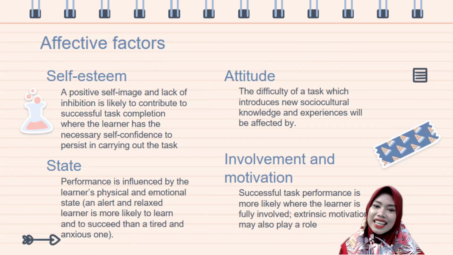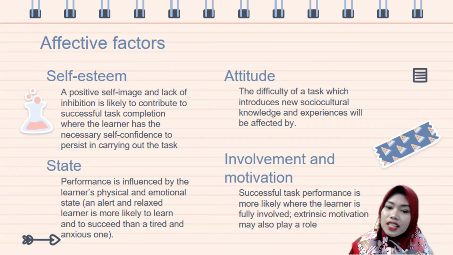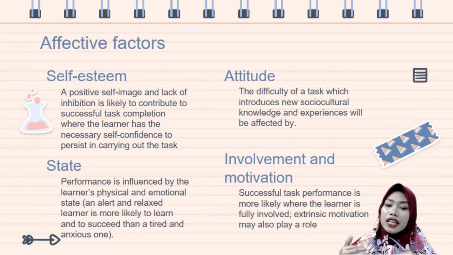The difficulty of a task, which introduces new sociocultural knowledge and experiences, will be affected by it. And then involvement and motivation. Successful task development is more likely where the learner is fully involved. Extrinsic motivation may also play a role.